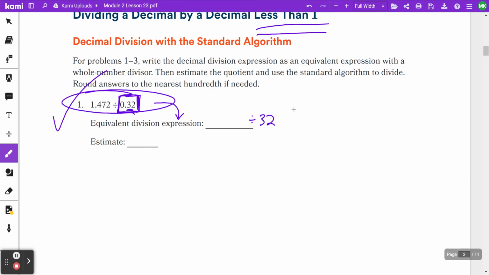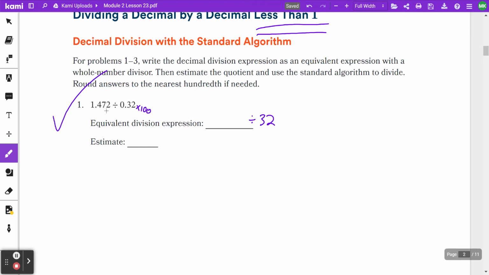Make it a 32. Now, what happens when you make a 0.32 into a 32? Both of these digits gain 2 place values. But when we gain place value, mathematically, we are multiplying by a 10 each time. Since we need to gain 2 place values, that's 2 sets of 10, or 100.